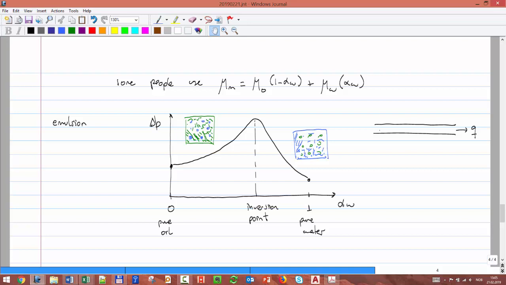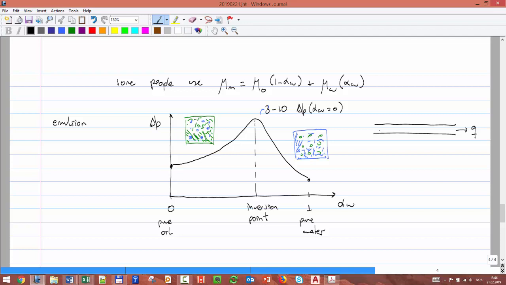And if at any point we find that point, it can be very high, maybe 3 to 10, 20 times the value of delta P at alpha water 0, oil. You're in trouble, because now you will have a lot of pressure drop, and your equilibrium happens at a very low rate, and then you are not able to produce anymore.